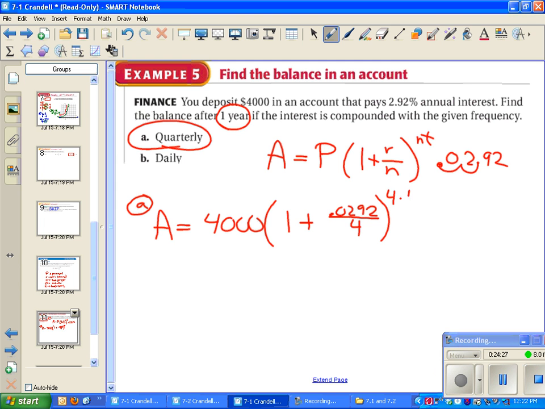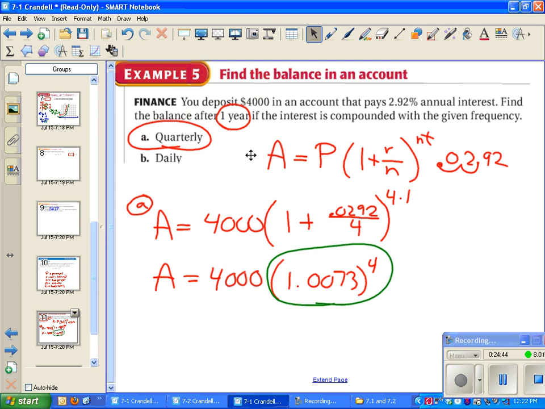So this would be 4 times 1. Okay. And then in your calculator, you would get 4,000 times 1.0073 to the 4th power. Again, make sure you do order of operations. So you're going to do this first, and then multiply by 4,000. And so you should get this, approximately that. So that's for quarterly.